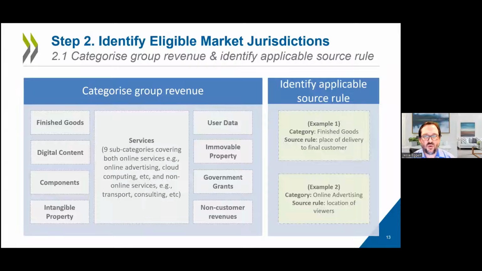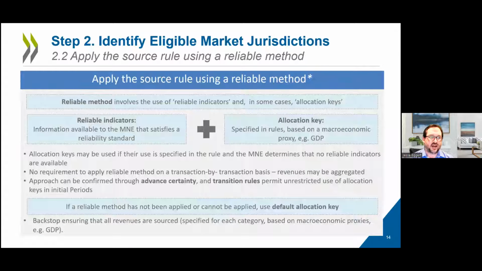Moving on to the next slide. For purposes of actually determining source, an MNE needs to apply that sourcing principle using a reliable method. And a reliable method is one that's based on what we call reliable indicators, or in some cases, allocation keys, with preference given to reliable indicators. And what's a reliable indicator?